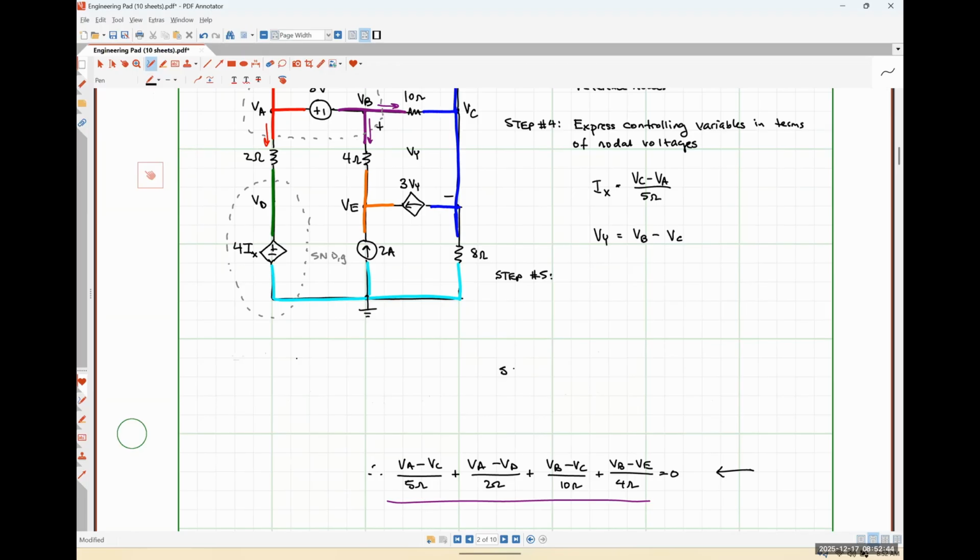And then down here, I'm going to put step 6, and it will be to apply KCL at all supernodes that do not, and I'm going to underline that because it's very important, include the reference node.